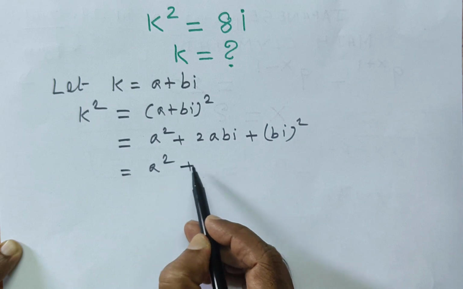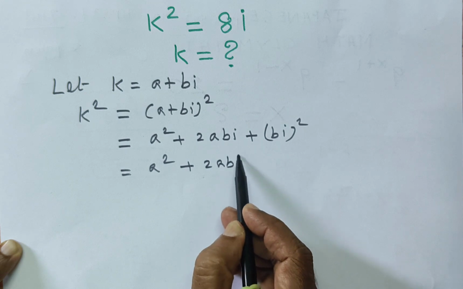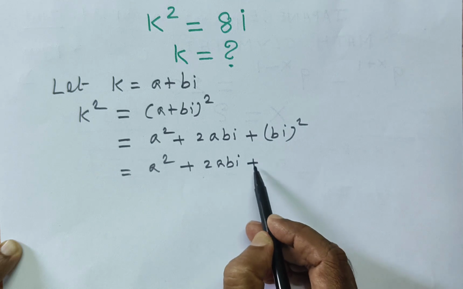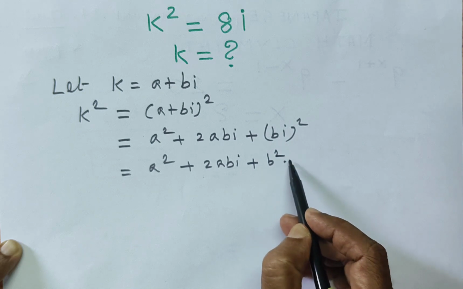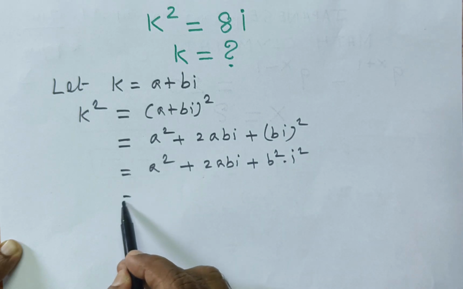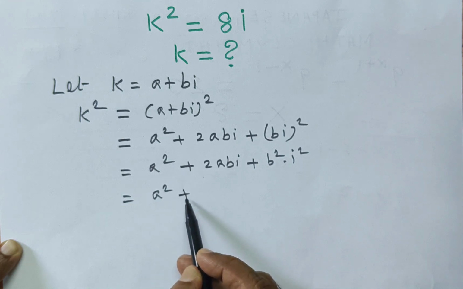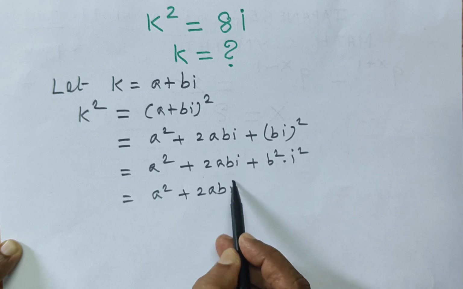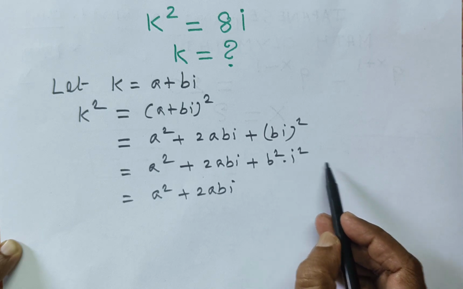a squared plus 2abi plus b squared into i squared. a squared plus 2abi, i squared value is minus 1.